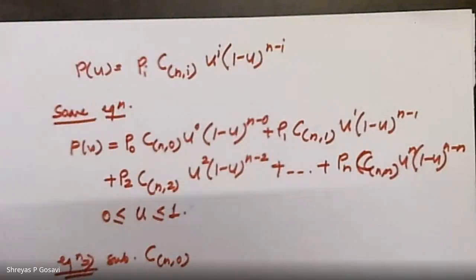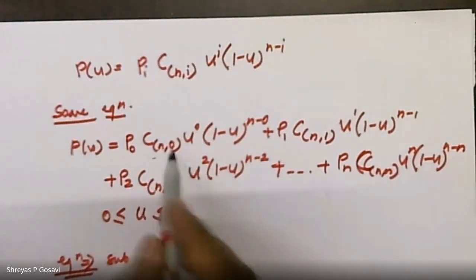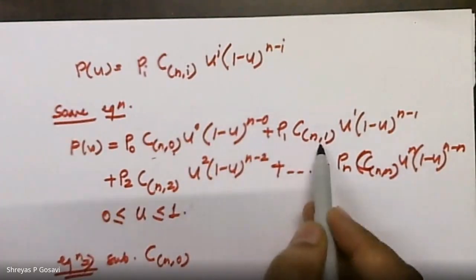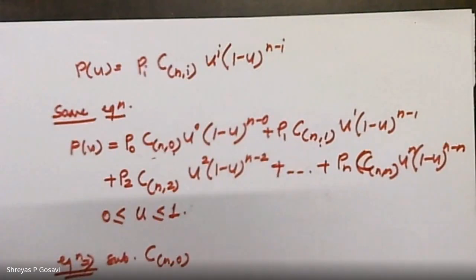I have p0 into the value of c of n0, which was equal to 1, so multiplied by 1 into u raised to 0, which is again 1, into 1 minus u raised to n, plus p1 into c of n1, as it is, into u into 1 minus u raised to n minus 1, plus p2 into c of n2, then u square into 1 minus u raised to n minus 2, plus up to pn.